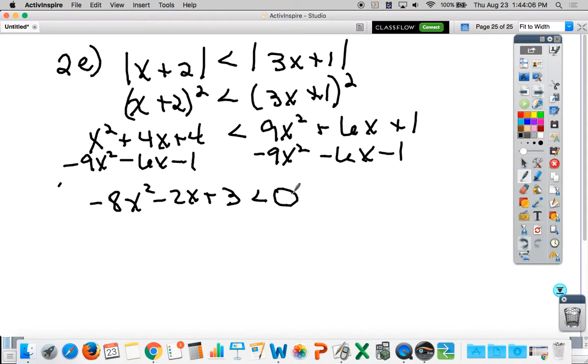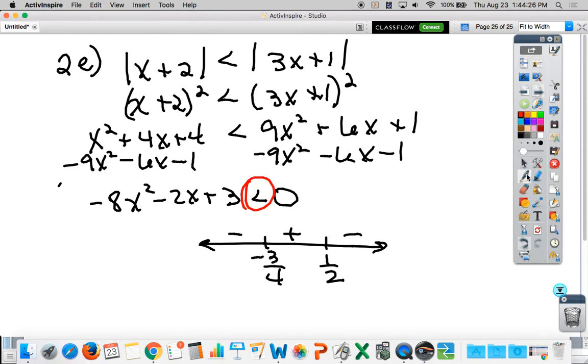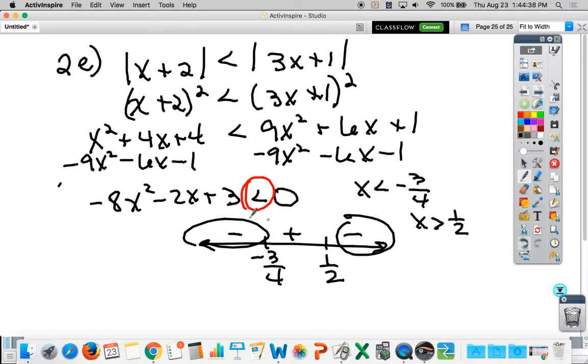One half and negative 3/4. I believe it goes negative, positive, negative. Okay, so looking back at the inequality, I'm looking for the positives or negatives. Negative. So I want this section and I want this section. So x is less than negative 3/4. X is greater than 1/2.